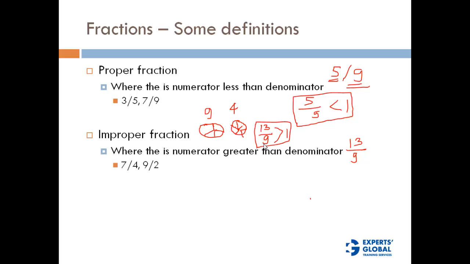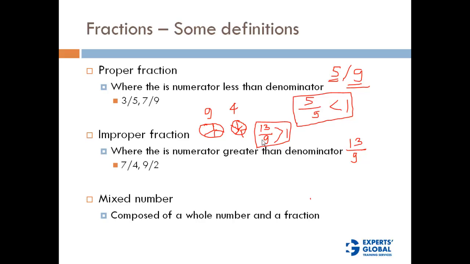And the third type of fraction is a mixed number. So we are talking about a whole number and a fraction. For example, let's say we are talking about 1 3 by 4, right?